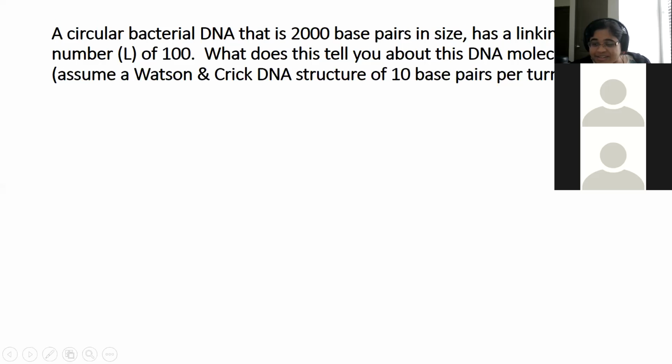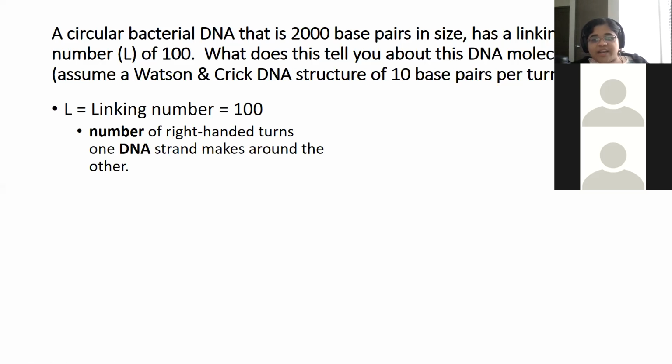Does it mean that it has 20 turns? Like it turns 20 times? 200. Okay. Yeah, so we have our linking number, right? Linking number is essentially the number of right-handed turns that one DNA strand can make around the other.